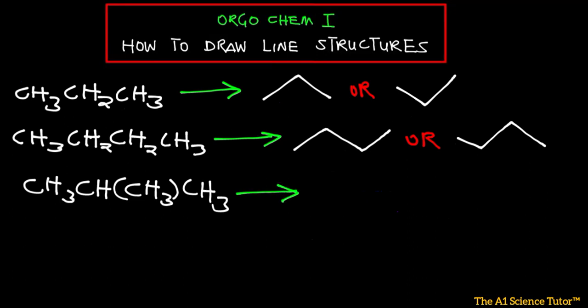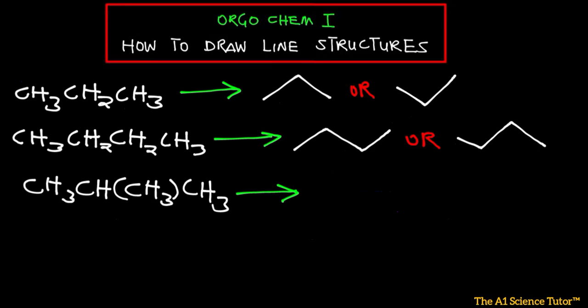How can you draw it? Now, wherever you see a bracket that contains any group at all, whatever is situated within the bracket, no matter how many carbon atoms or hydrogens are around, you just need to know that it is a substituent.